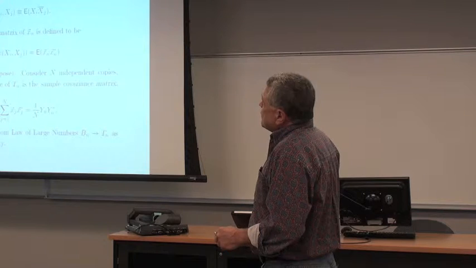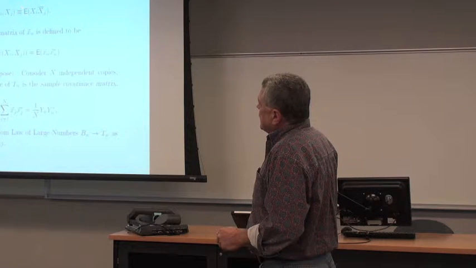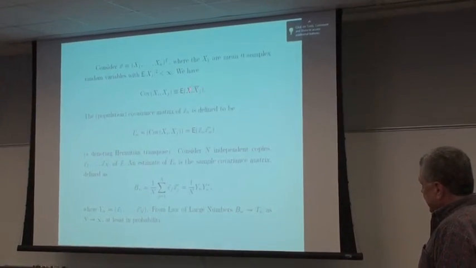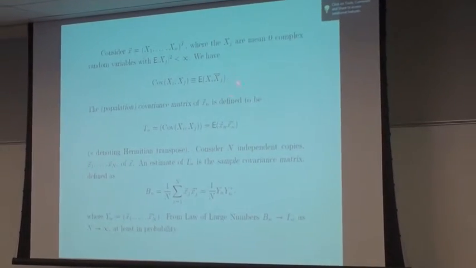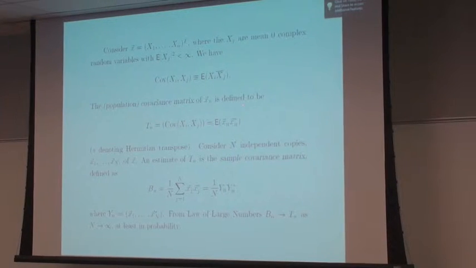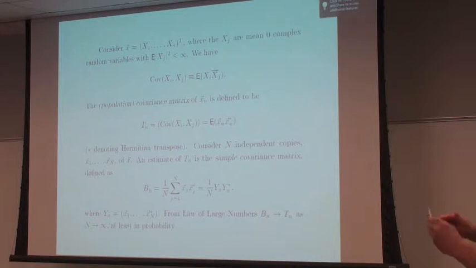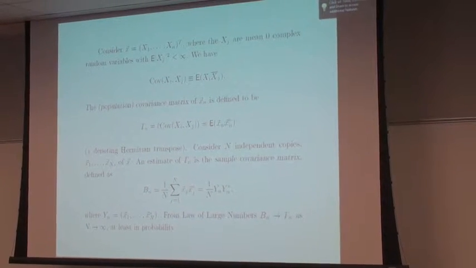And the covariance for any two components is just the expected value of one times the conjugate of the other. The population covariance matrix is always defined to be the matrix consisting of all those covariances.